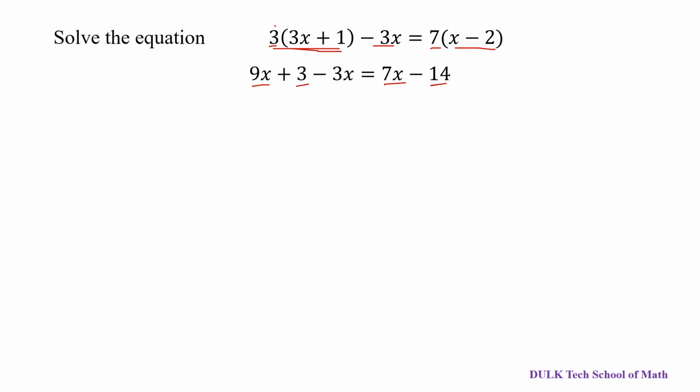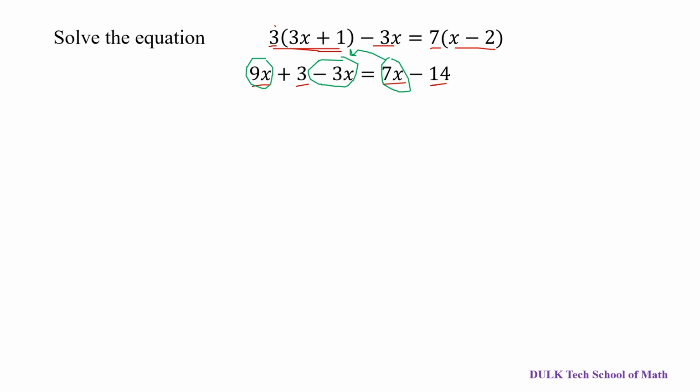Right, then in this case we have 3 like terms that are in terms of x. We have 9x, we have minus 3x, and 7x. So since we have 2 of them on the left hand side, let's take this 7x to the left hand side like this.